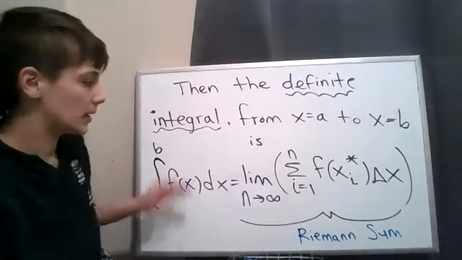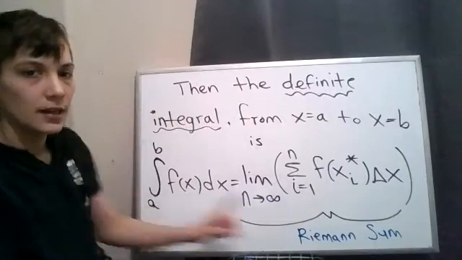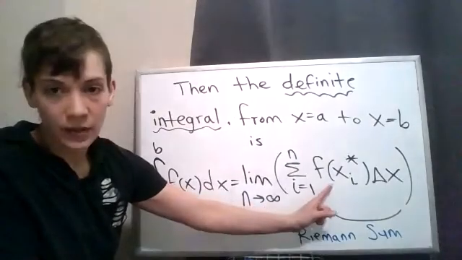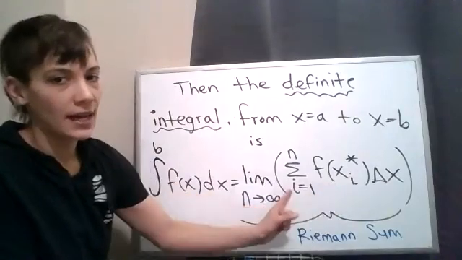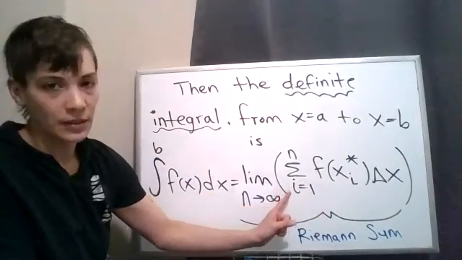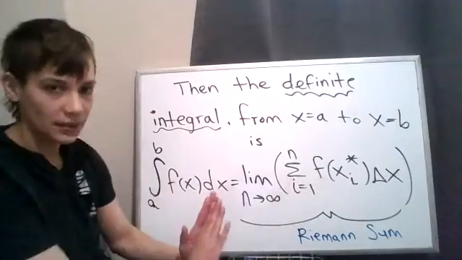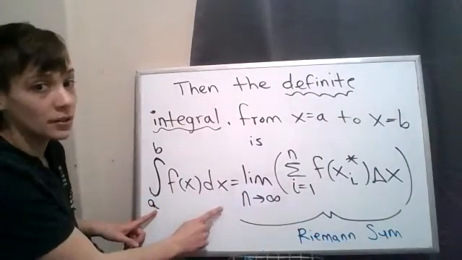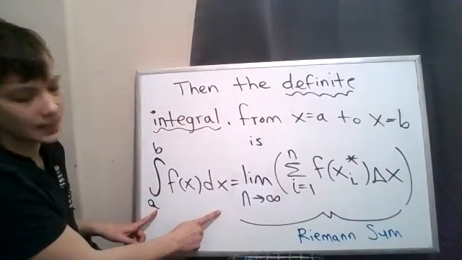Okay, so again, we're going to have a picture. We talked about how each of these is a rectangle, and then we add infinitely many rectangles under the function, and that gives us that area. So this is the area under the function to the x-axis.